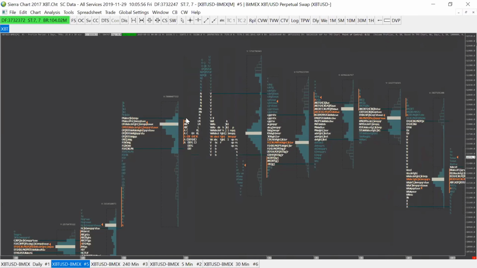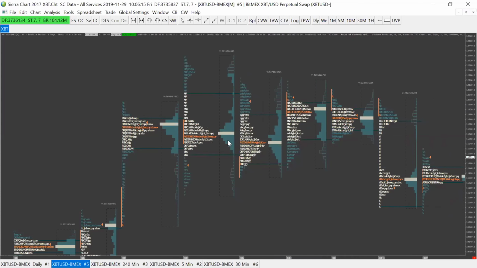The letter B is the second hourly candle. So you can see how it just records and displays how much time price spent trading at a specific price. Okay, is that clear?